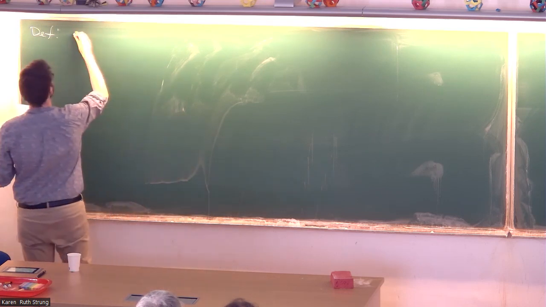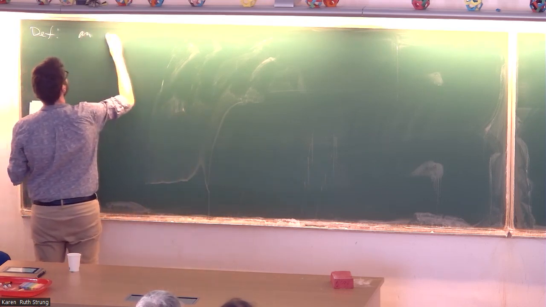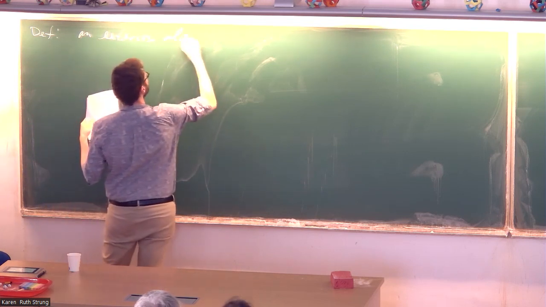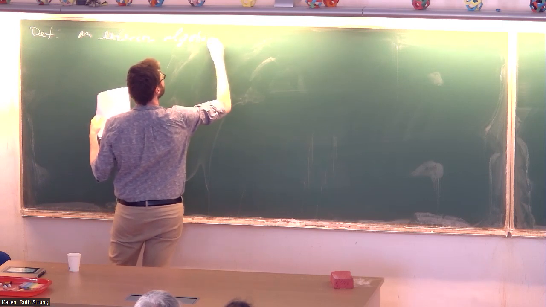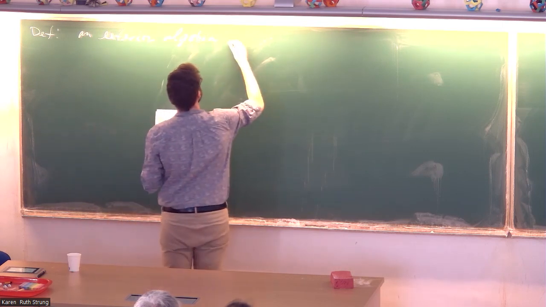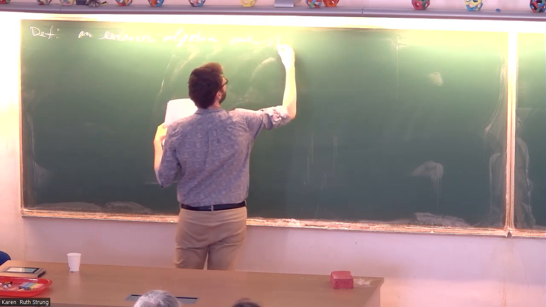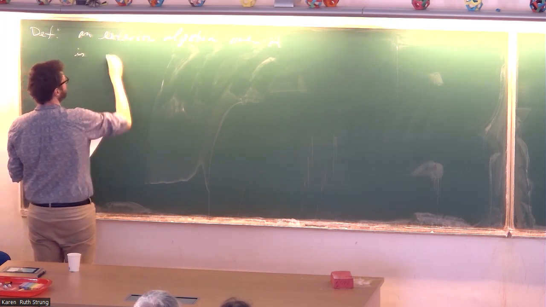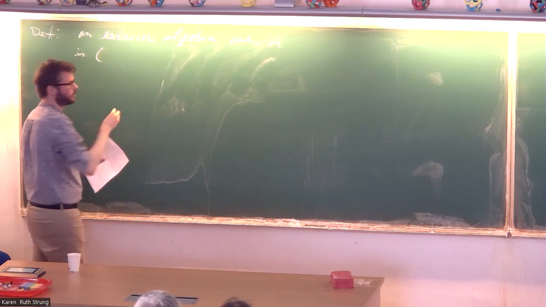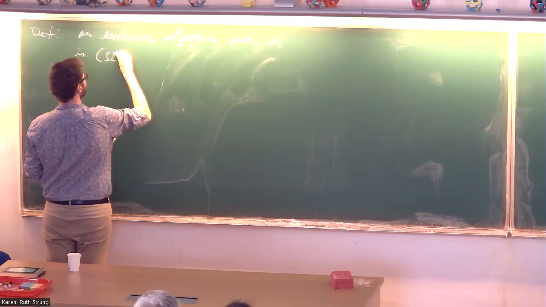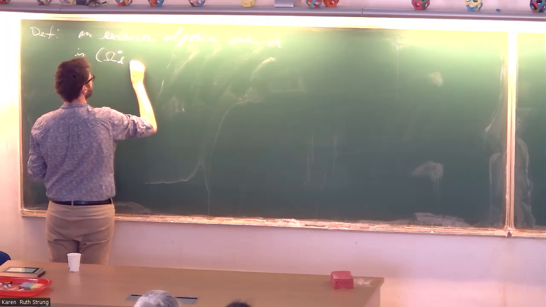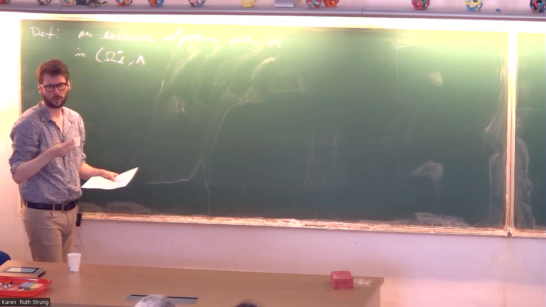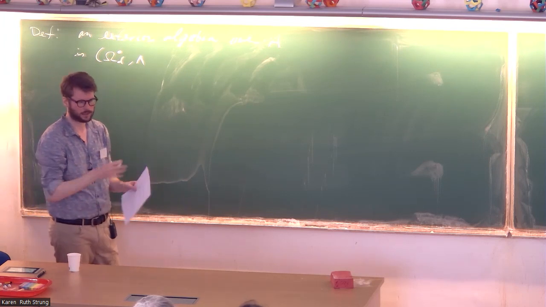So an exterior algebra over an algebra A is a differential graded algebra with a product, which I will annotate by wedge, although you should not think that it's a skew symmetric product in the classical sense.